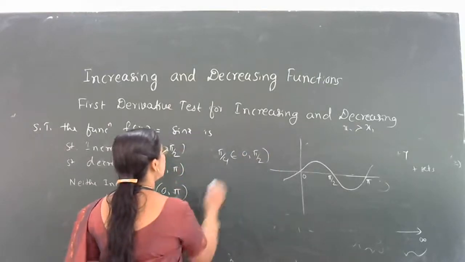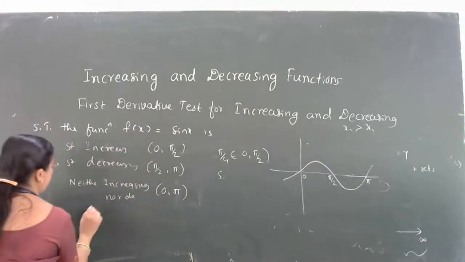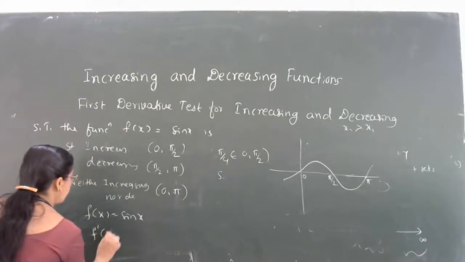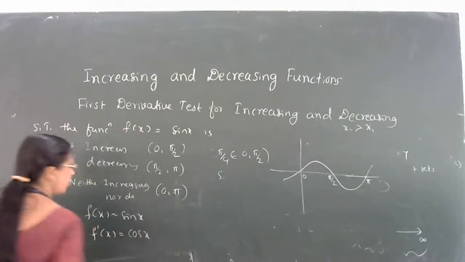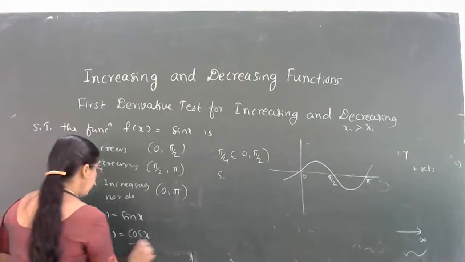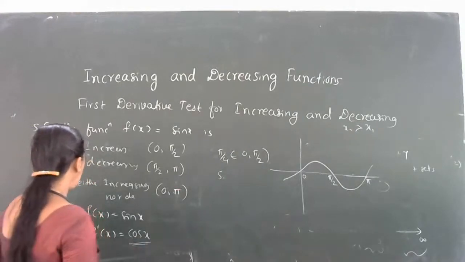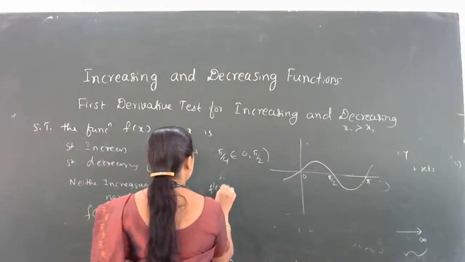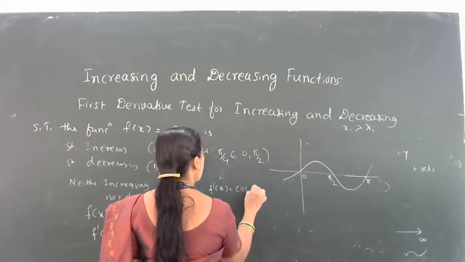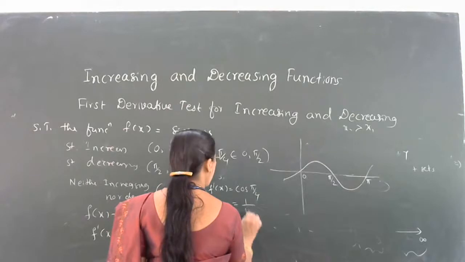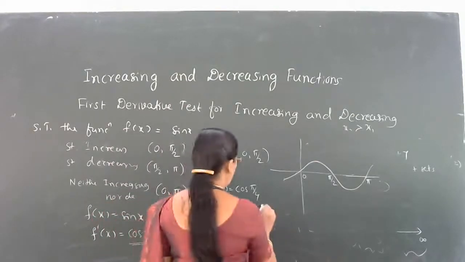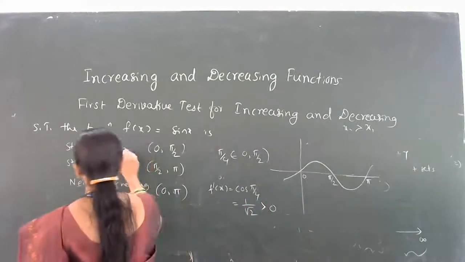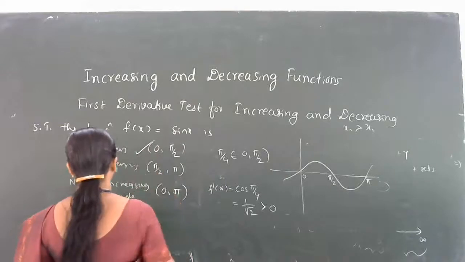Then f of x equal to sin x, f dash x equal to cos x. We find the value of f dash x at pi by 4: cos pi by 4, which is equal to 1 by root 2. It's positive, greater than 0, therefore the function is increasing.